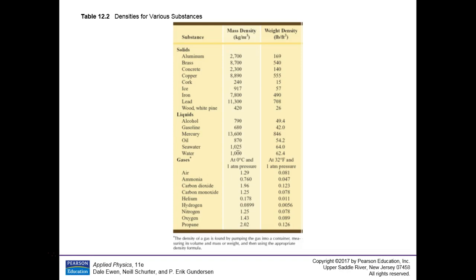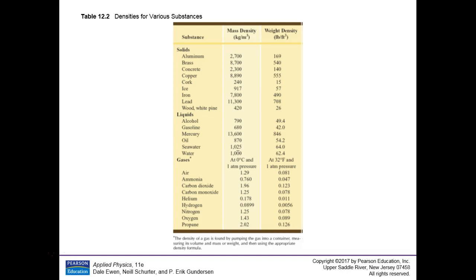Brass, which is a mixture of copper and tin, I believe, that would be much denser. Okay, mass density of 8,700 kilograms per cubic meter, 540 pounds per cubic feet. Concrete, which is a mixture of sand and cement and a little bit of water, it's almost the same as aluminum, but not as dense as brass by any means. 2,300, 140.